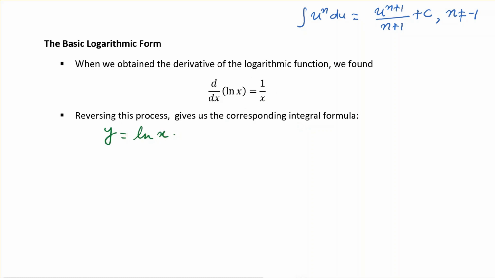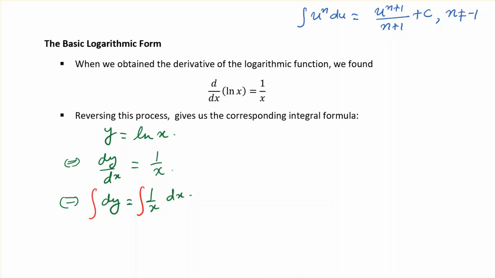and take the derivative on both sides. This implies dy over dx is 1 over x. Since we want to find the corresponding integral formula, we can rewrite this in differential form, and at this step let's take the integral on both sides.